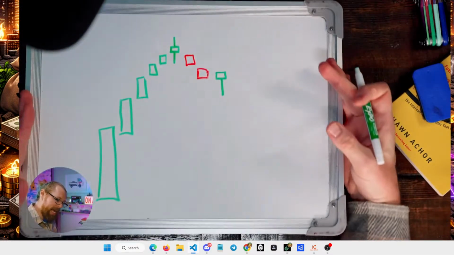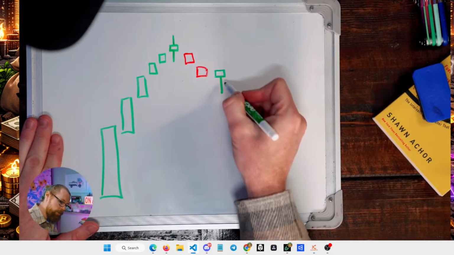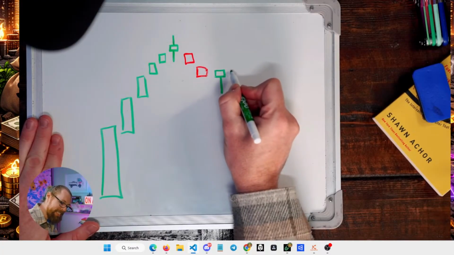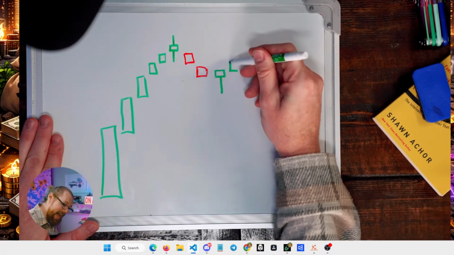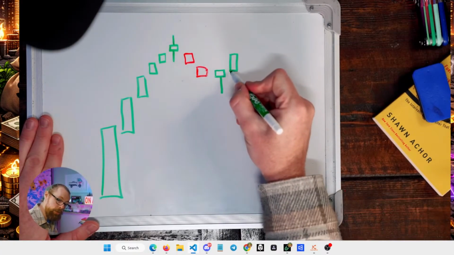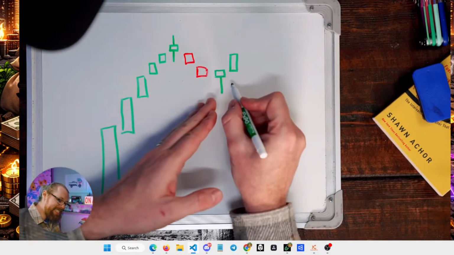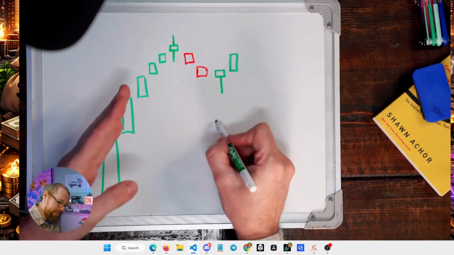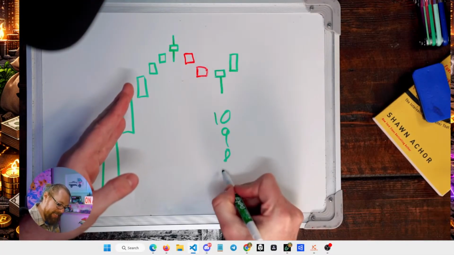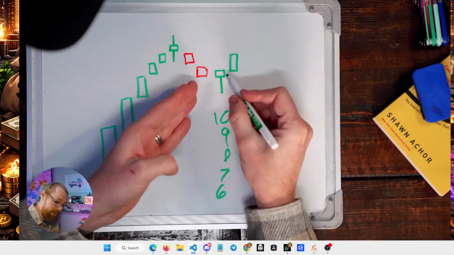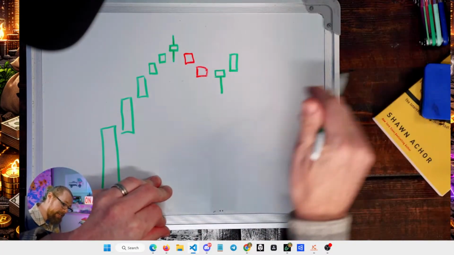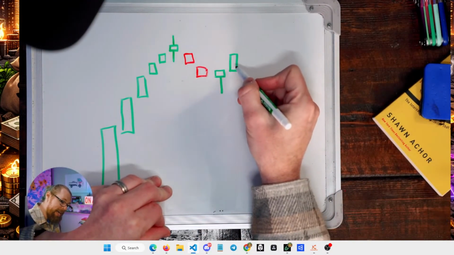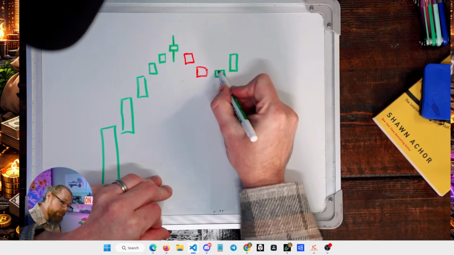So what the hammer is telling us is that we're basing out, that we sold off, we rallied back up, and the next candle is going to open more or less at the high. And that is going to be your first candle of reversal. So if we see a hammer forming and there's 10, 9, 8, 7, 6 seconds left on this current candle, we may decide to anticipate that the next candle is going to continue higher and take an entry right before this candle closes.